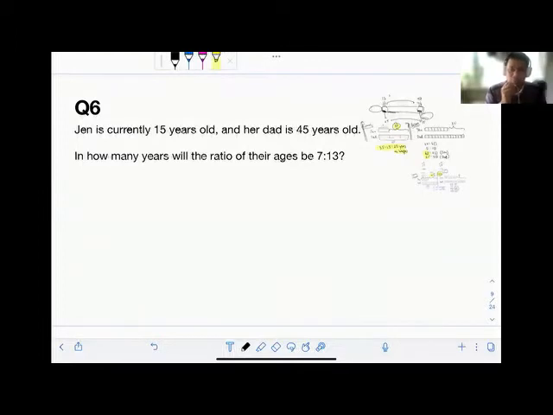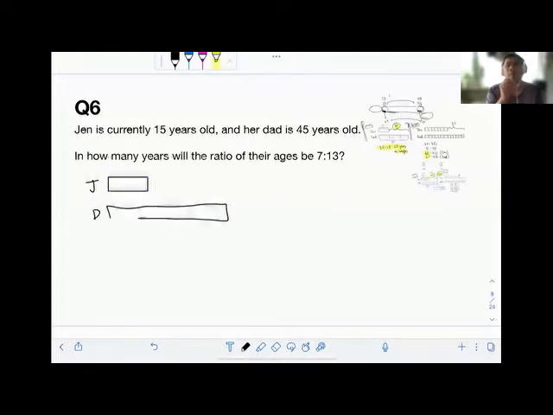I started with the relationship of the ages of Jen and her dad. Okay. So that is something like 1 box for Jen and 3 boxes for his father. And obviously that is 1/3 yung ratio po natin, sir.